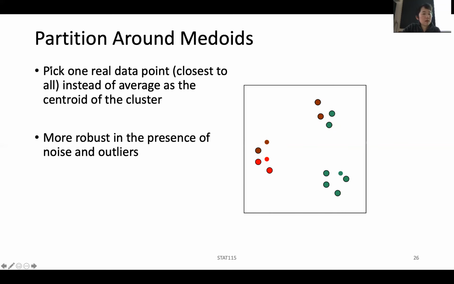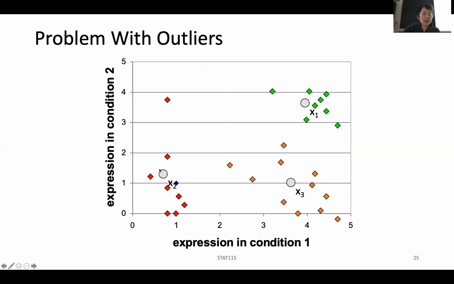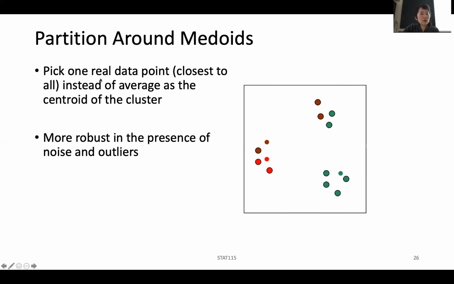And so sometimes you can also try this partitioning around medoids, in which you pick one real data point. By the way, there could be even crazy cases where the center is like here, not in the center at all, when this is quite far away, right? In order to deal with that, you can pick one real data point that is closest to all of your other points instead of using the average of all the samples to calculate that cluster center, which can give you a little bit more robust result in the presence of some outliers.